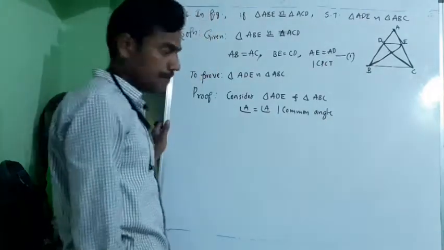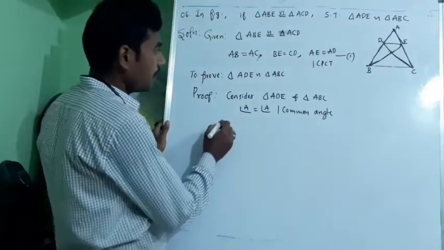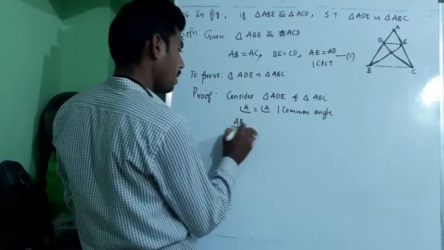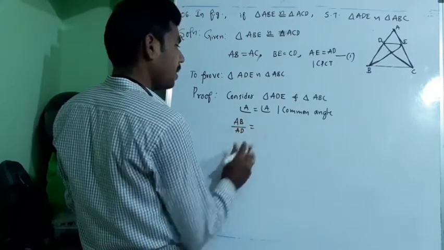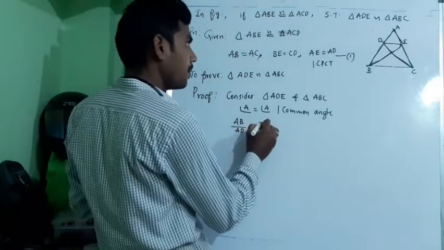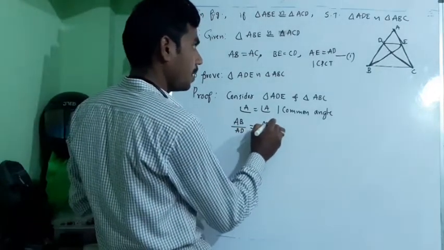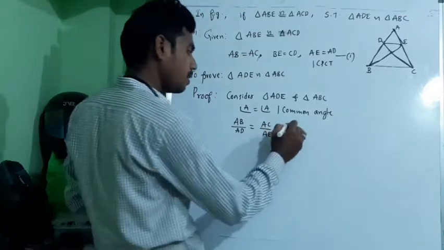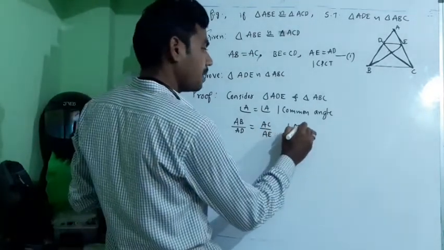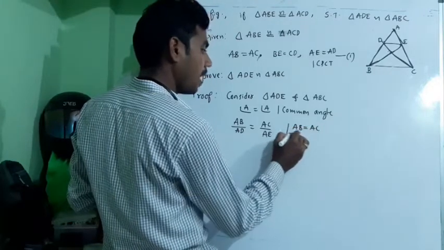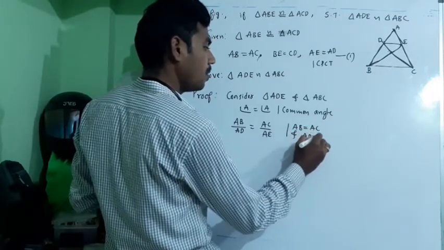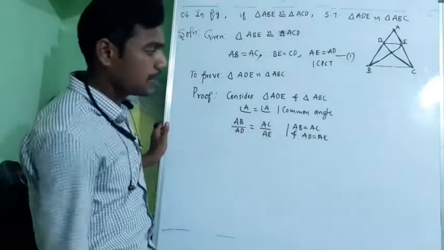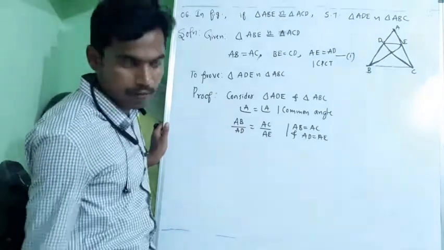Next, if I take the ratio AB by AD and AC by AE, they are equal because AB is equal to AC and AD is equal to AE. Since AB is equal to AC and AD is equal to AE, the ratio will be equal.